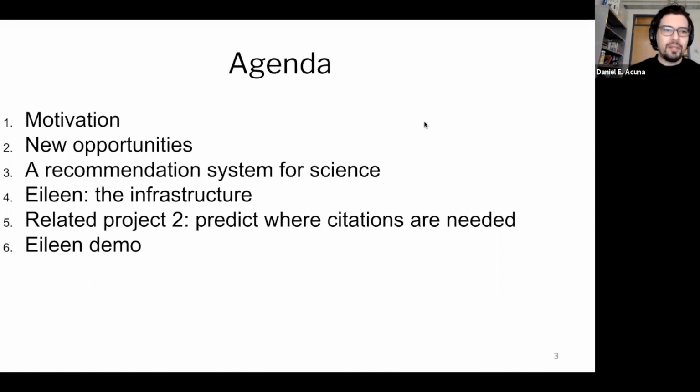So I hope that it helps others. And then I'll discuss how we approach the problem from a recommendation system point of view, I'll describe some of the infrastructure, and Rashika actually will describe some of the infrastructure that is behind this website, and some related projects that are using the data or spawned from this project. And at the end, I'll give a demo with multiple, what I think are useful use cases.